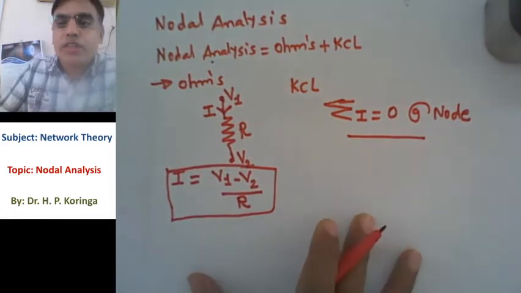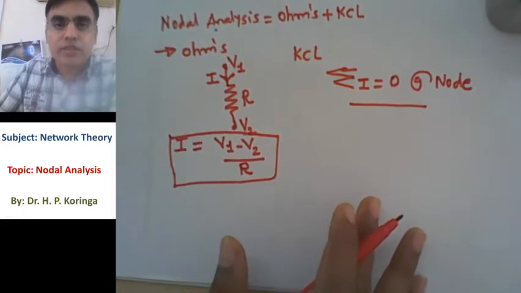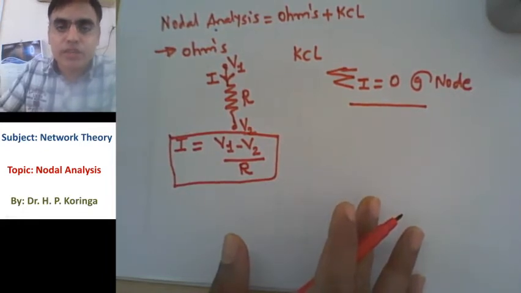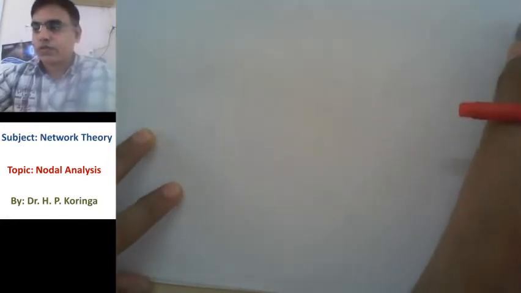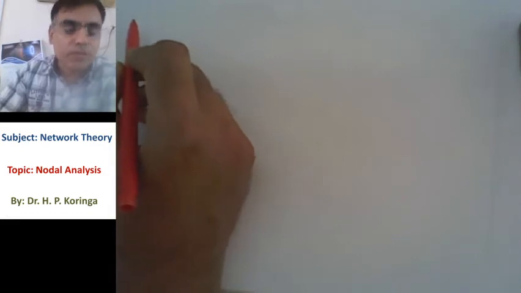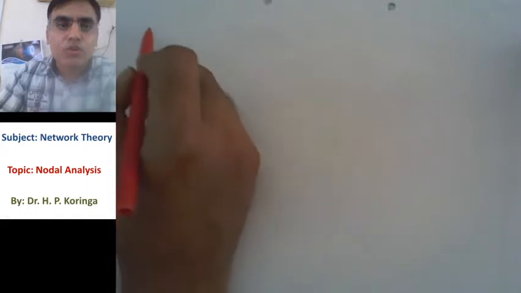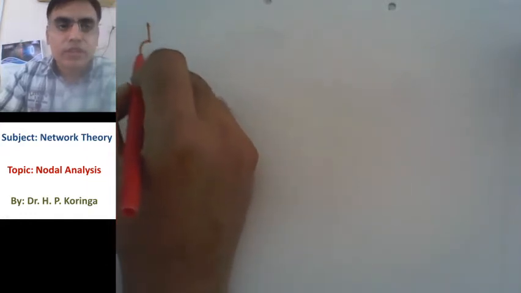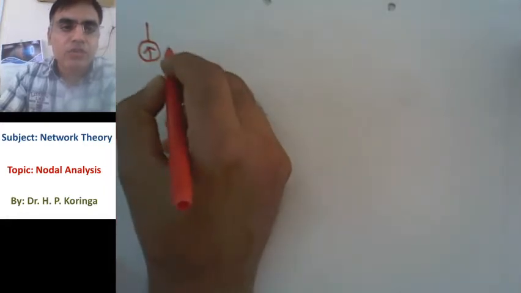Let me take an example and we'll analyze the network using nodal analysis. Let's take the first network. It's a very simple two node network, with independent sources and resistances.